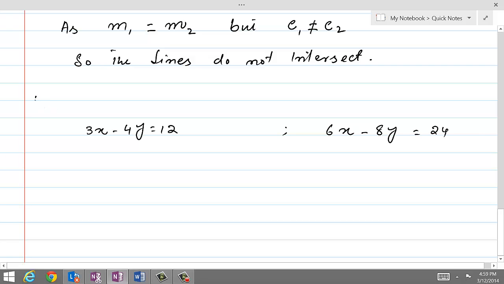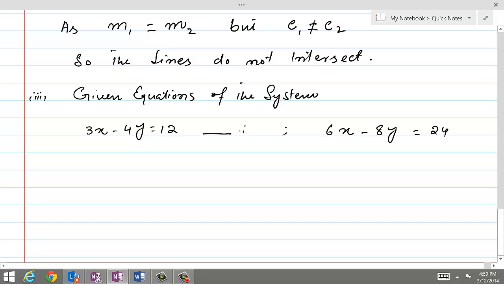So let's write this down as the third system. Given equations of the system are these. Let's call this equation 1 and this equation 2 of the system, and isolate y in both equations, equation 1 and equation 2.